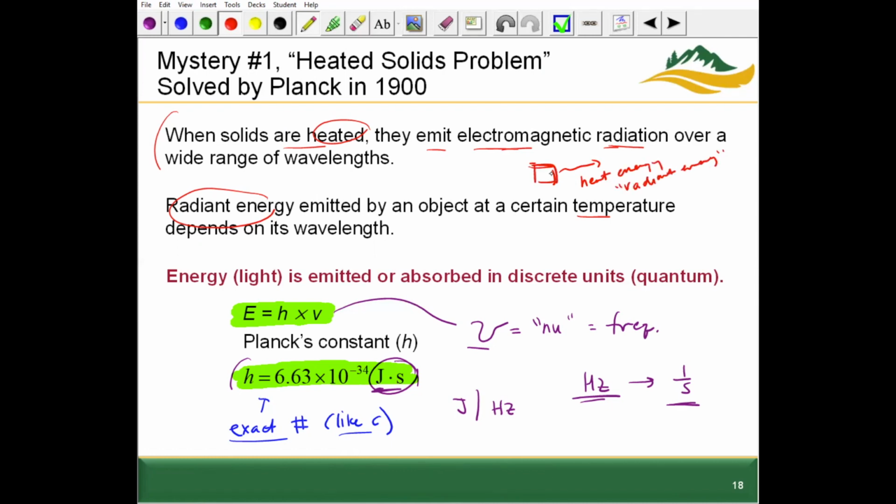A heated object emits light that looks like a classic wave. That radiant energy wavelength, though, is not visible. We can't see the actual radiation coming off of a hot object. If there is some water around that hot object, we could see steam coming off of it, but we're not going to see the actual wavelengths of that radiant energy.